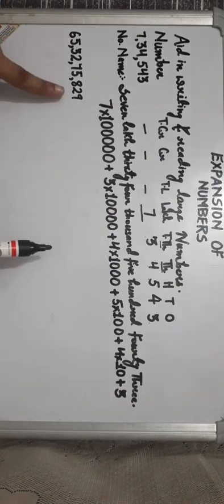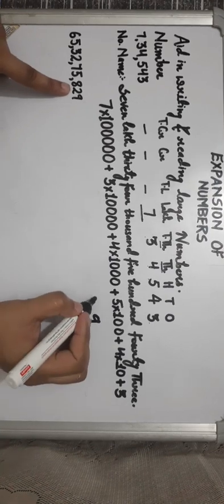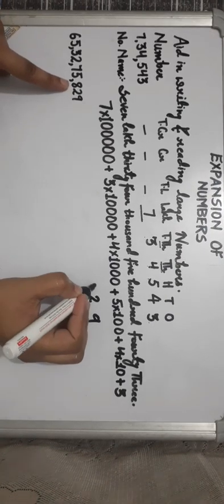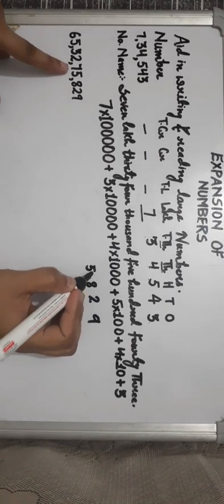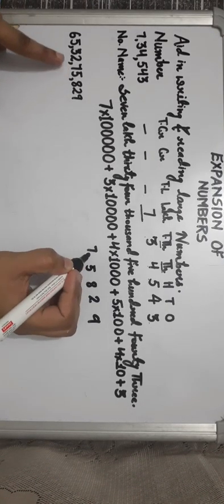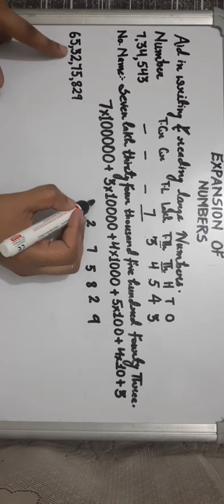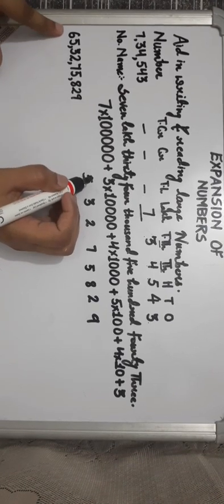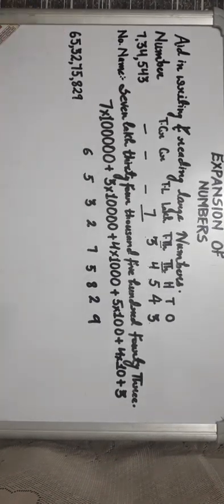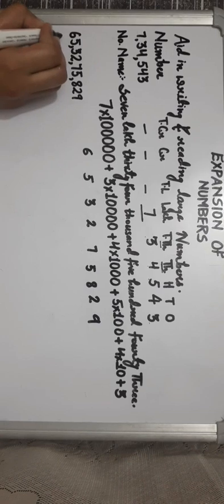Let's write 9 at ones place, 2 at tens, 8 at 100, 5 at 1000, 7 at 10,000, 2 at lakh, 3 at 10 lakh, 5 at crore, 6 at 10 crore. Now we will write the number name by looking at this table.